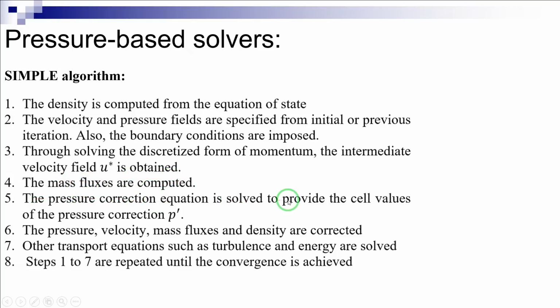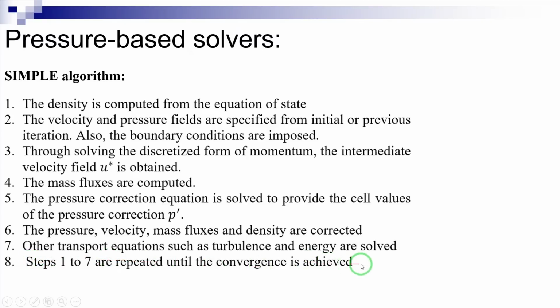The pressure correction equation is solved to provide the cell values of the pressure correction P prime. The pressure, velocity, mass fluxes, and density are corrected. Other transport equations such as turbulence and energy are solved. Steps 1 to 7 are repeated until convergence is achieved.